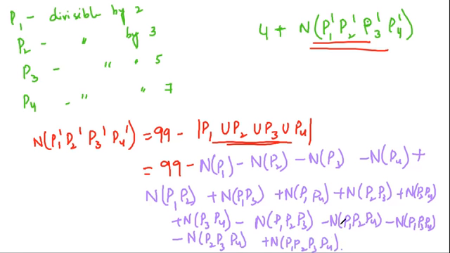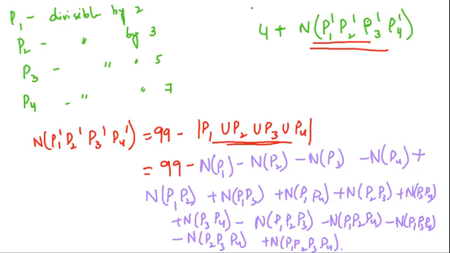Now for this formula, we have to find what is the property P1, how many integers are divisible by 2. So if you remember, this was the first problem. If you had divisibility with 3 and 5 or 7, one of the problems was solved. So we'll just do it directly over here. So 99 minus n of P1.